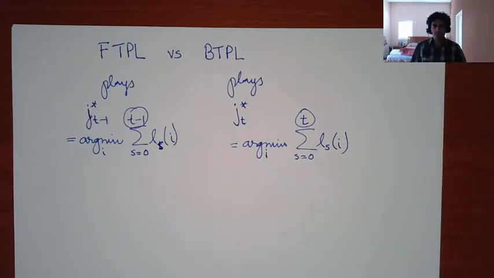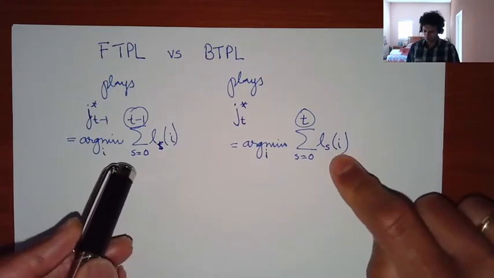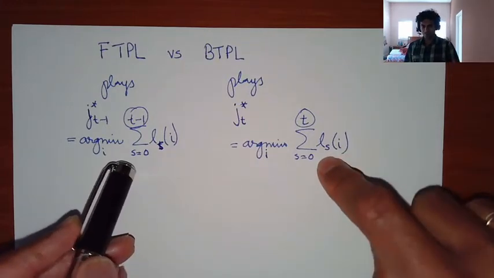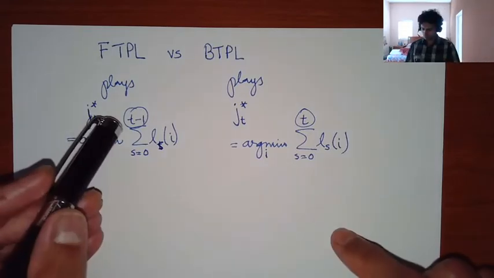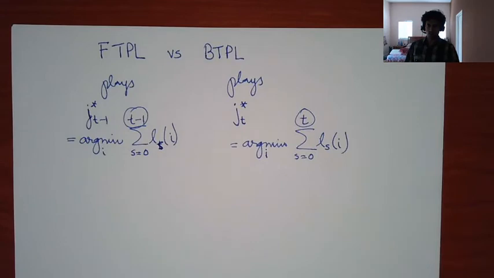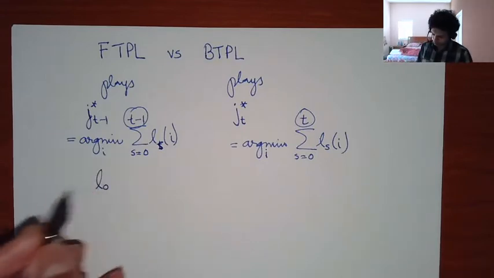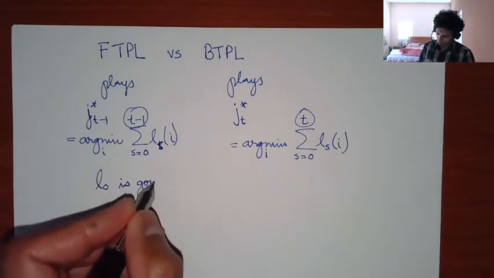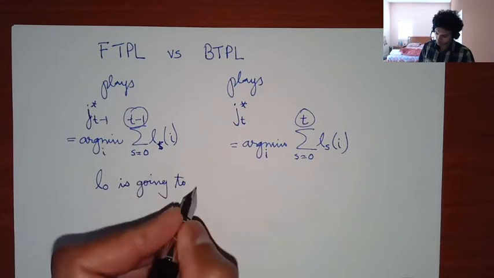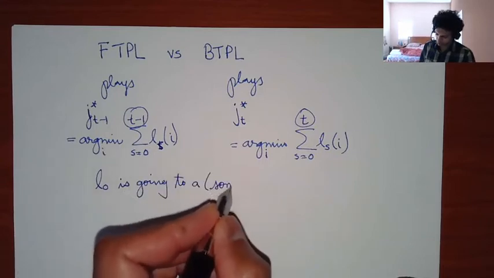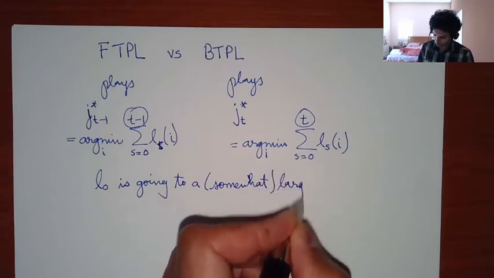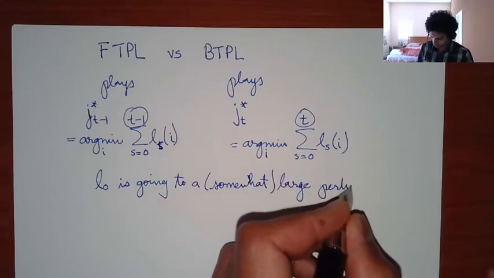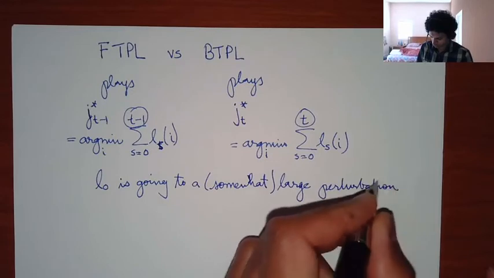And this is really where you start seeing the power of the perturbation. You say, look, this is just one more loss function than what happens here. On the other hand, L0 is going to be a, I'll say, somewhat large perturbation.